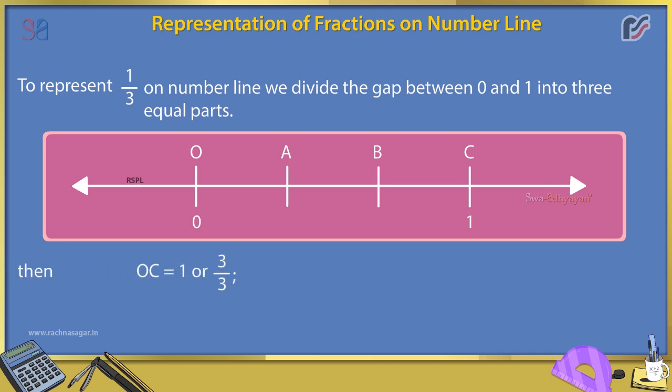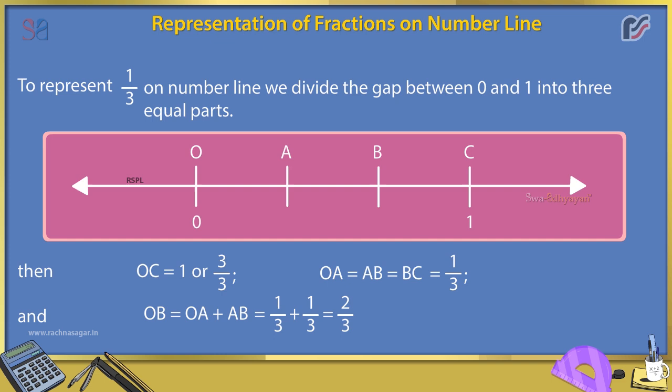Then OC is equal to 1 or 3 by 3. OA is equal to AB, which is equal to BC, which is equal to 1 by 3. And OB is equal to OA plus AB, which is equal to 1 by 3 plus 1 by 3, which is equal to 2 by 3.